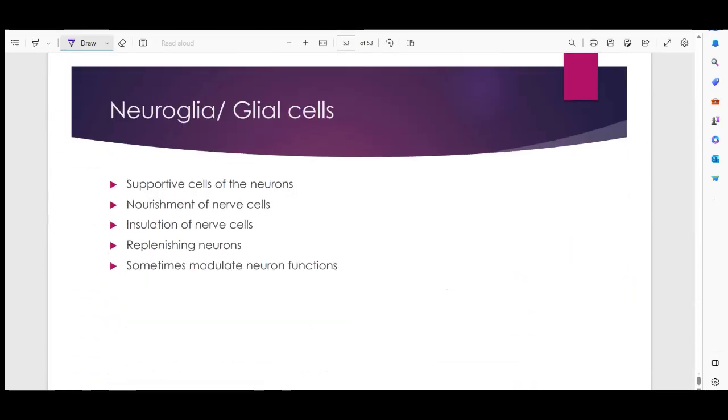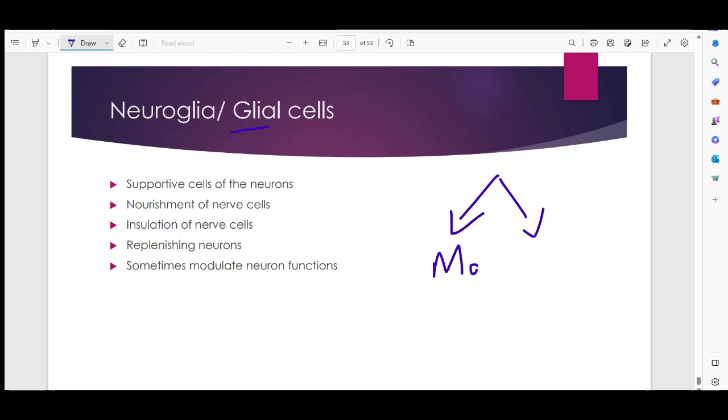The next thing, we have glia cells. I mentioned that glia means glue. So these are the functions of the glia cells. At medical level knowledge, this is very simplified, a very general idea. But when we take glia cells, there are majorly two types, macroglia and microglia.